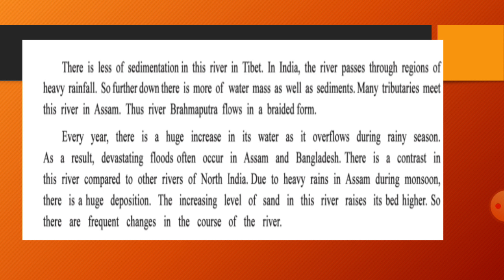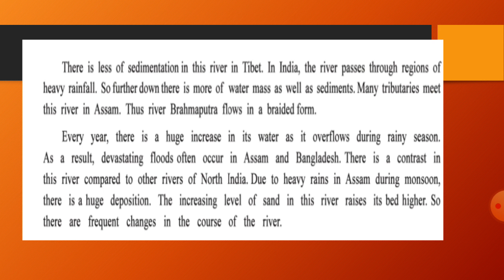During monsoon, the total volume of water in the Brahmaputra and its tributaries rises, causing floods in Assam and Bangladesh. The sand level of the river increases at several places, so the river bed gets higher, and as a result there is a frequent change in the course of the river.